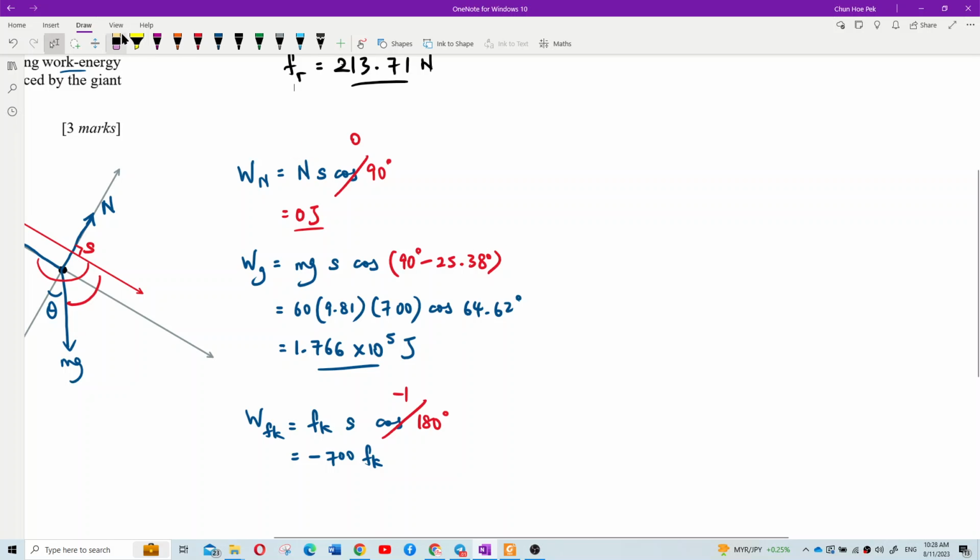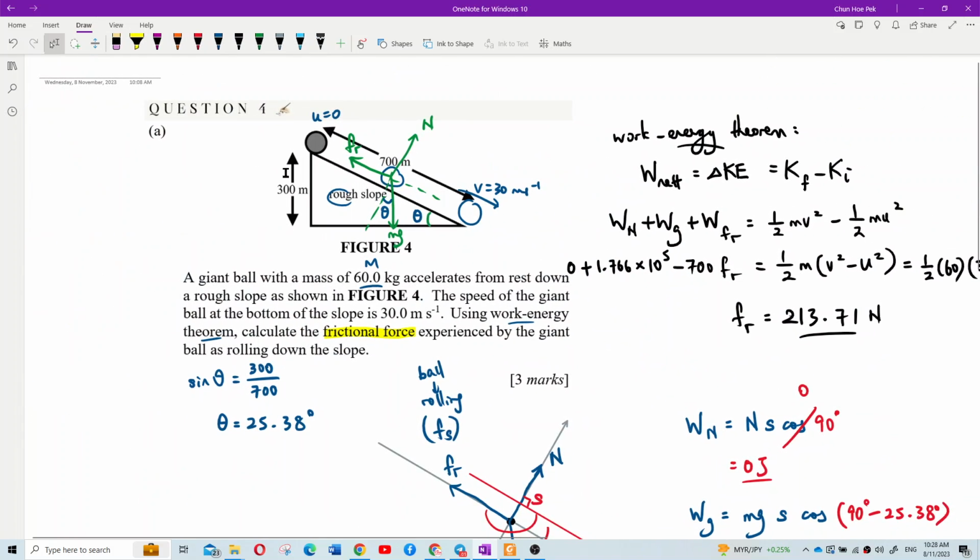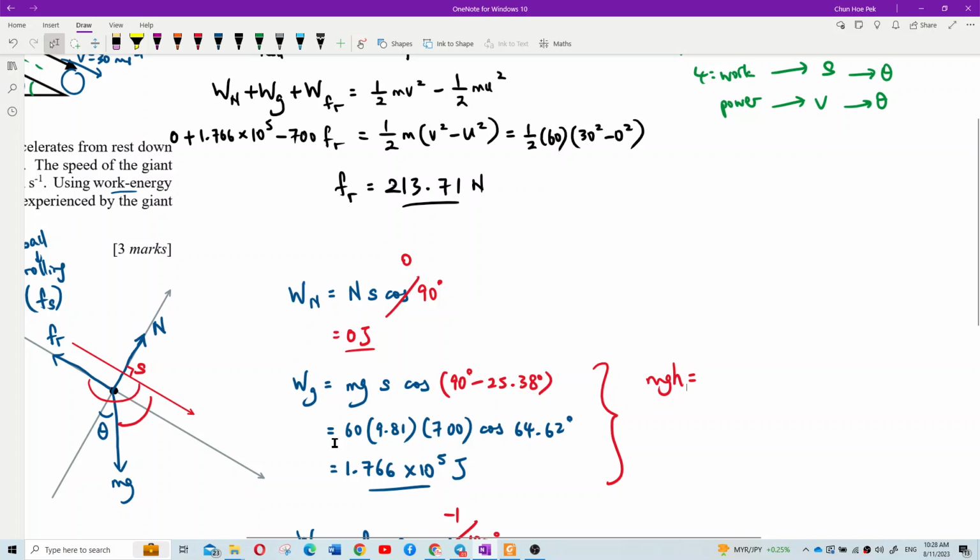It's just using the height, 300 meter. You still get the same answer, 1.766, and then finally you also get the same friction.